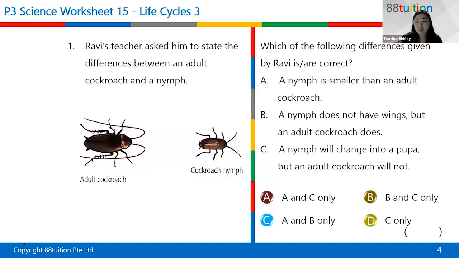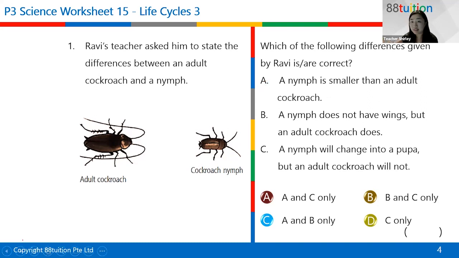So now let's have a look at the first question. Okay. Ravi's teacher asked him to state the differences between an adult cockroach and a nymph. Which of the following differences given by Ravi is or are correct? Okay, can we just look at one statement at a time? A nymph is smaller than the adult.